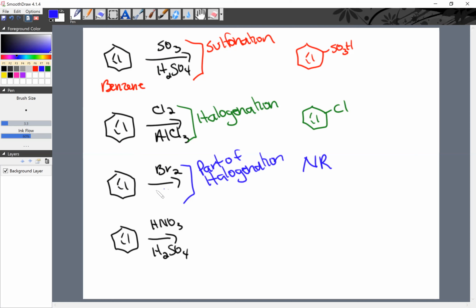So don't forget, if you only see the diatomic bromine or the diatomic chlorine, it's not going to be like a regular alkene. It's just not going to react. And last but not least, I recognize that as nitration. And so I put an NO2 group on it.